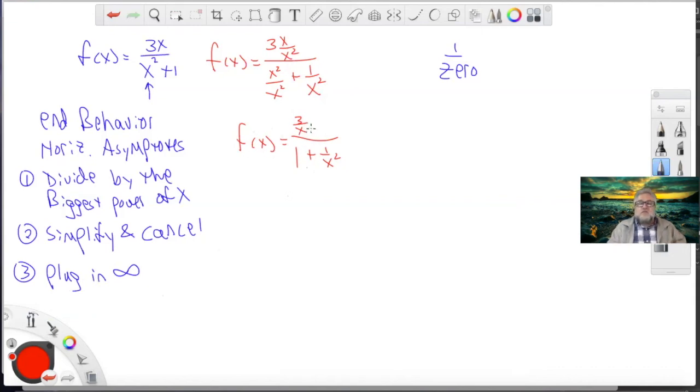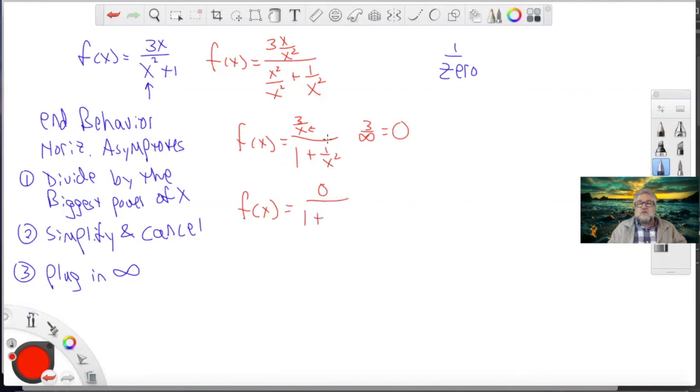When I plug infinity into here, what's 3 over a really, really big number going to be equal to? 3 over infinity. Right. Anytime you divide by infinity, that's going to give us a 0. Because you're dividing 3 by 100 gajillion. And 3 over 100 gajillion is really close to 0. So when you use infinity, we're going to call it 0.